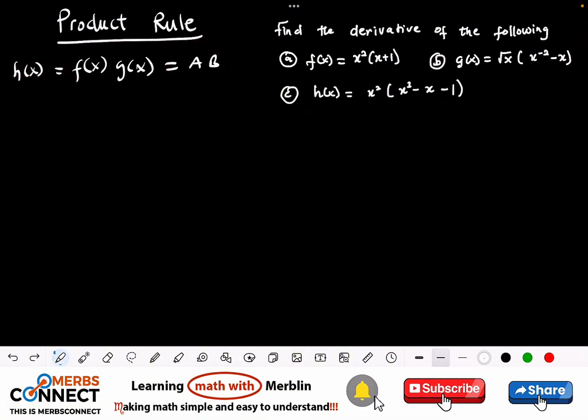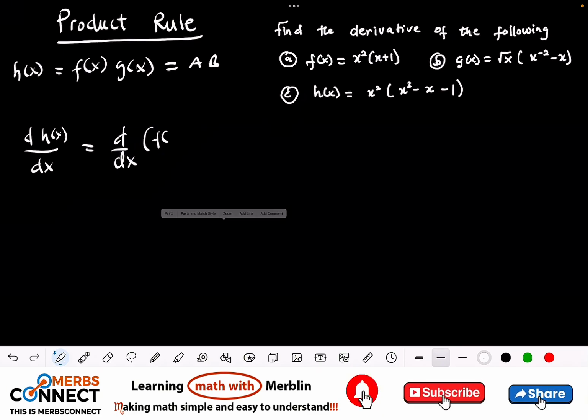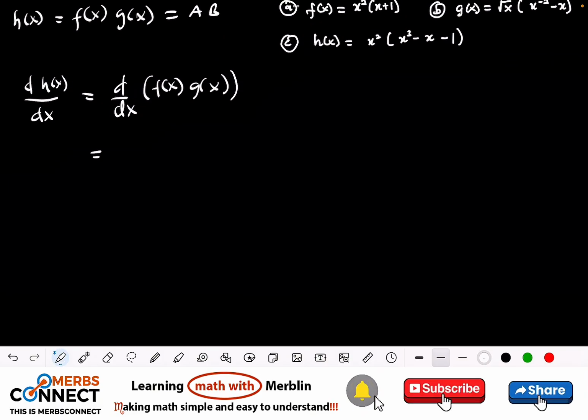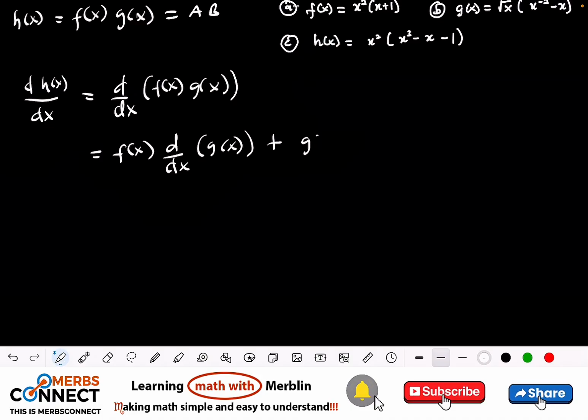Then the product rule says that if I want to differentiate h of x with respect to x, then this is the same as differentiating f of x and then g of x. So the product rule says that first I maintain the first function, differentiate the second function, plus, now I'm going to maintain the second function and then take the derivative of the first function.